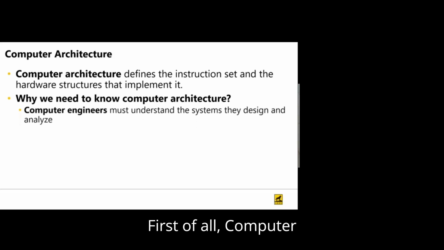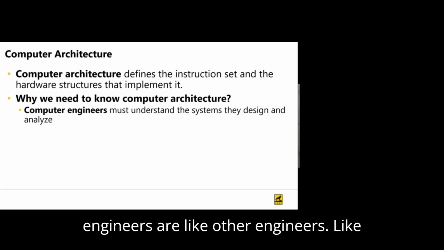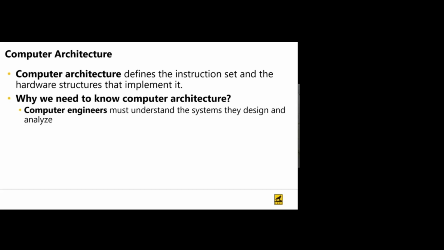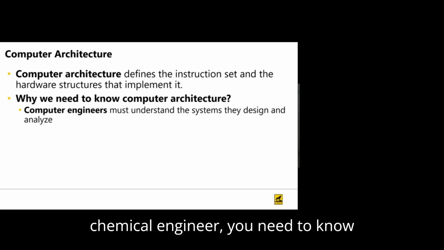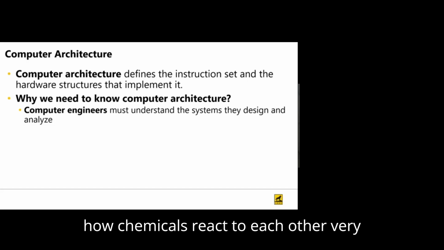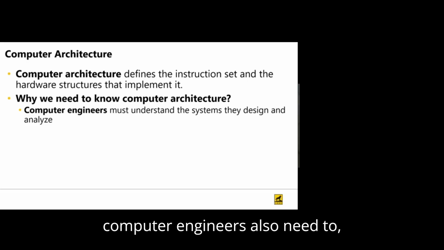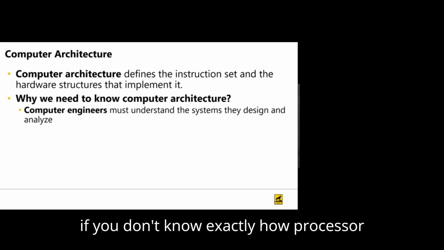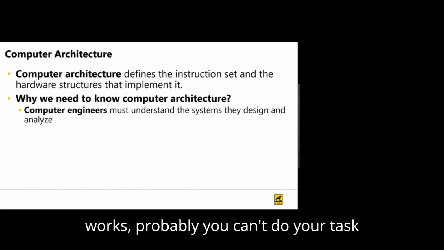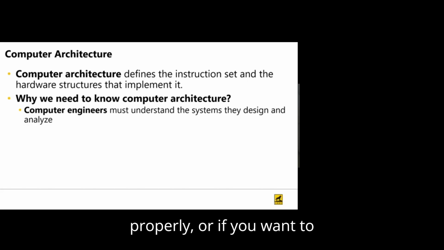First of all, computer engineers are like other engineers. If you are a chemical engineer, for example, you need to know very deeply how chemicals react to each other. Computer engineers also need to know; if you don't know exactly how a processor works, probably you can't do your task properly.